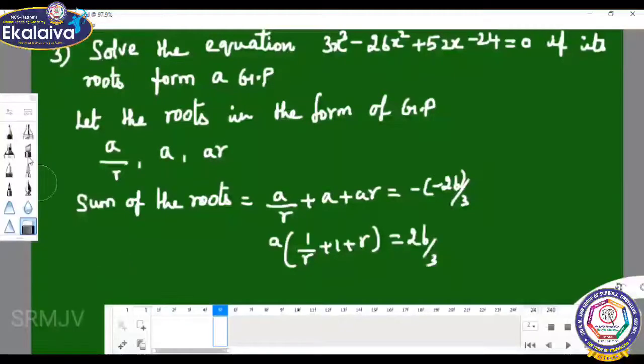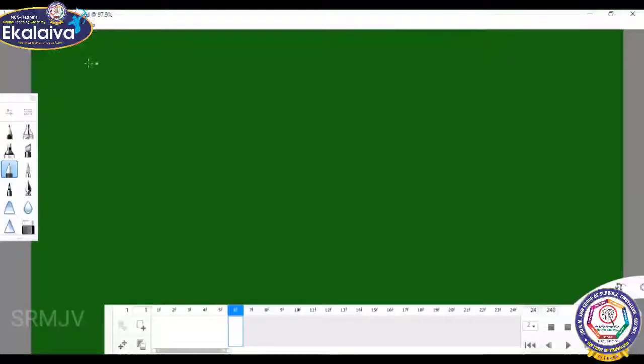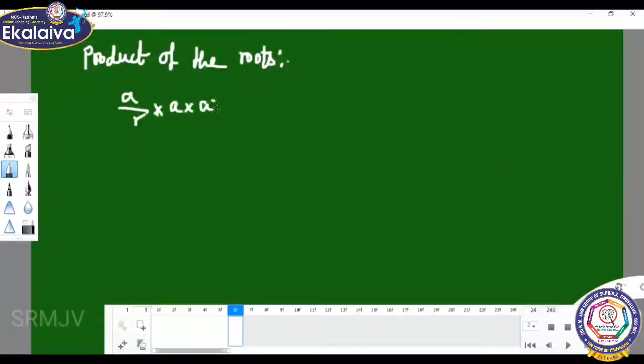So a into 1 by r plus 1 plus r equals 26 by 3. Next, the product of the roots. Product of the roots is a by r into a into ar.